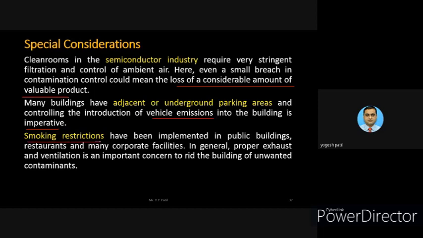Also, smoking zones have been implemented in public buildings, restaurants and many corporate facilities. In general, proper exhaust and ventilation is an important concern to rid the building of unwanted contaminants. There should not be any unwanted contaminant present over there, and it should not be carried to any other place. So proper exhaust and ventilation is required to be designed in this particular section.